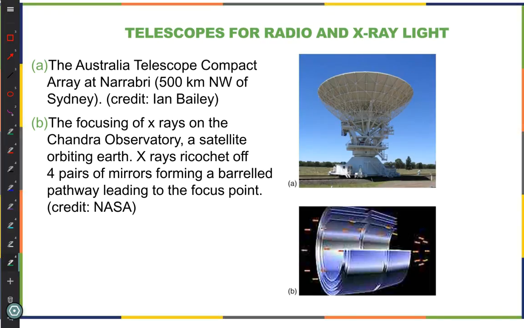And so we have telescopes that are made to focus X-rays. And if you look at the X-ray telescope up there, you see that thing's bizarre. It's nothing like the telescope design I just talked about. The X-ray telescope has the barreled pathway, these things here that it's using to focus the light or the X-rays.